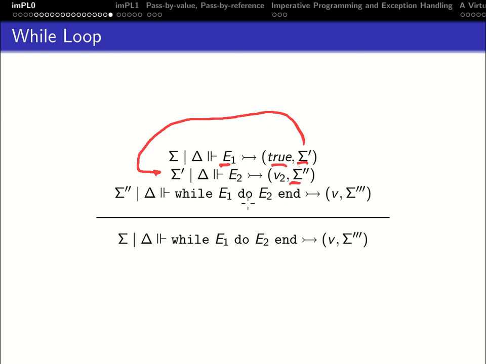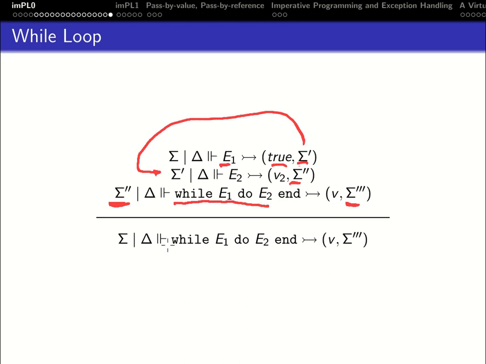And then we execute the very same statement that we're executing here, but starting from sigma double prime. And this is very important, because with the sigma here, E1 may be true, but with the sigma double prime here, E1 may no longer be true. So starting from sigma double prime, doing this entire statement, it's like a little bit of recursion, we obtain a sigma triple prime.